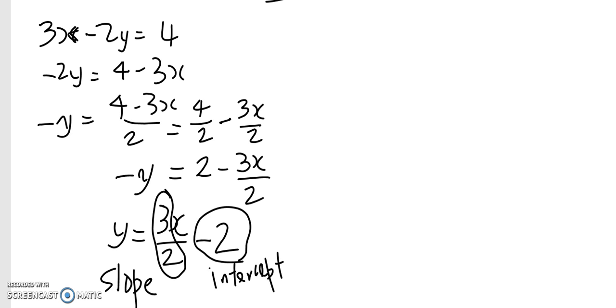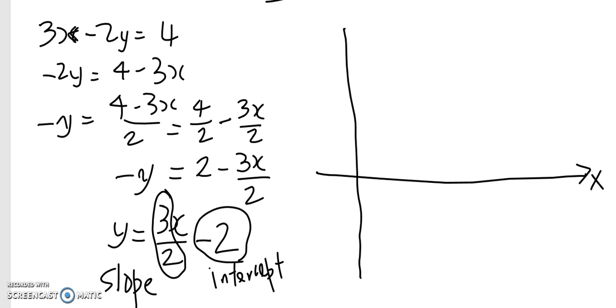So if I want to graph this, I can do this very easily. I'm going to have my y. I'm going to have my x. So this is my x and y. The intercept is minus 2. Let me put some numbers here. This is minus 2.